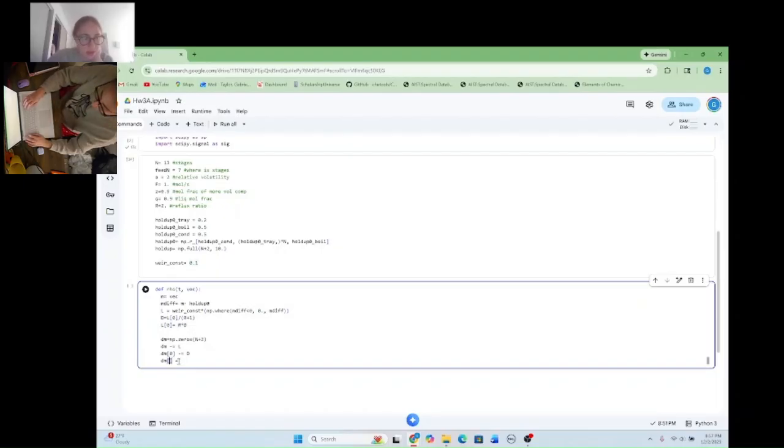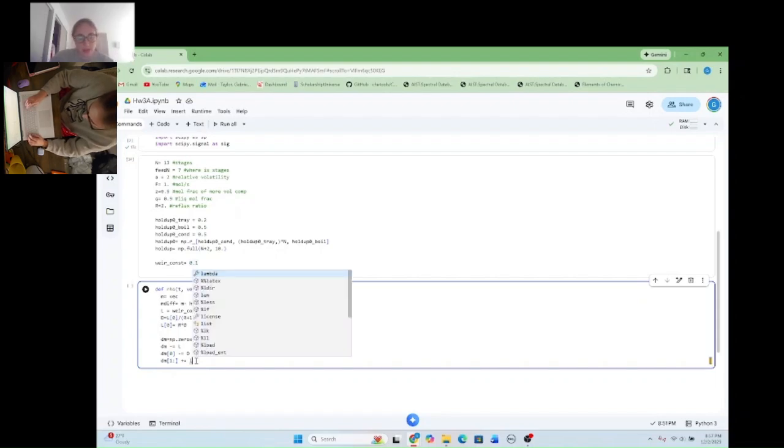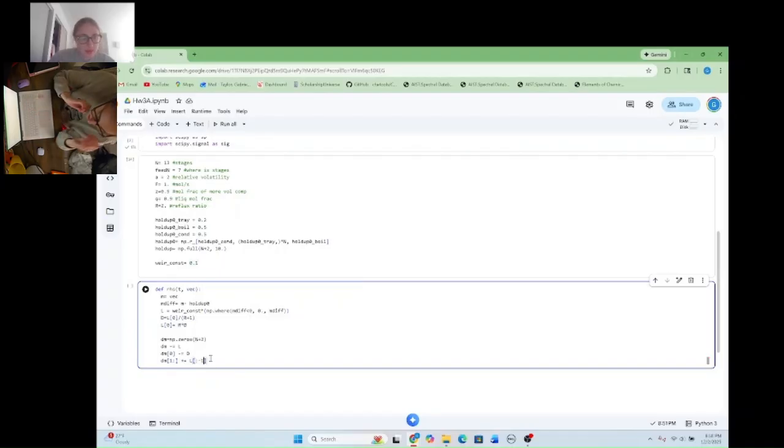So then we have to think about what is happening on the first stage. So we need to cancel out. We have our liquid here, liquid at this -1.